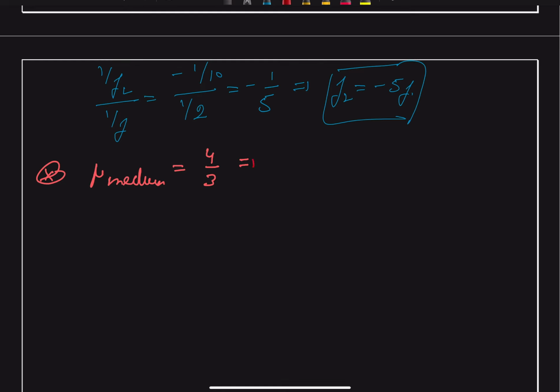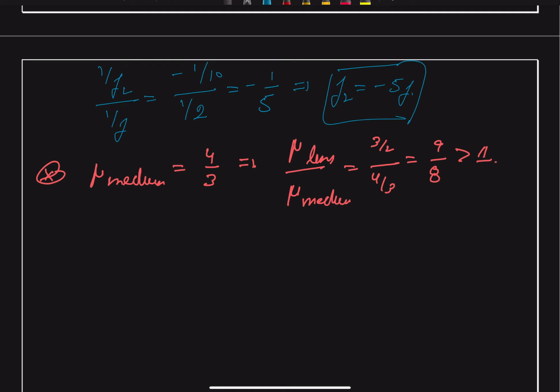So we can write that mu lens upon mu medium, their ratio, will be equal to 3 by 2 divided by 4 by 3, which comes as 9 by 8, and that will be greater than 1.